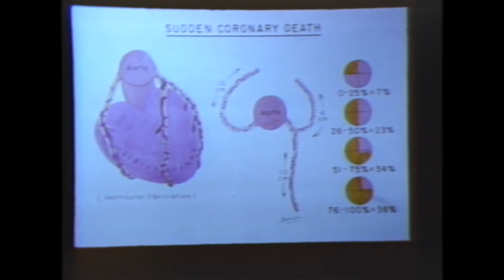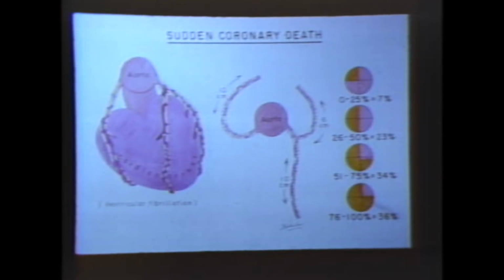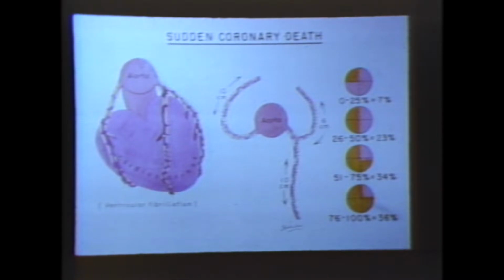And to say coronary, I think it's essential that at least one of the major arteries be narrowed greater than 75% in cross-sectional area. This slide summarizes observations in 31 patients who died suddenly from coronary heart disease.